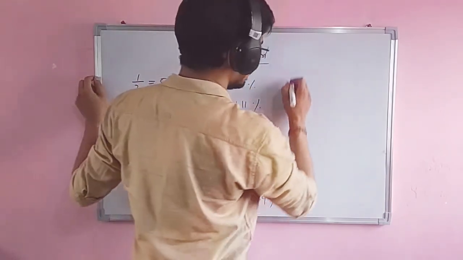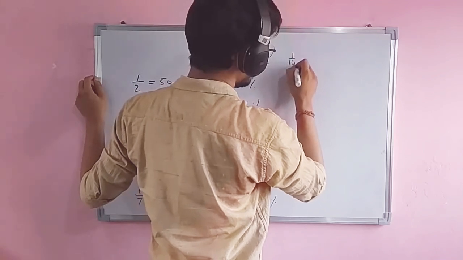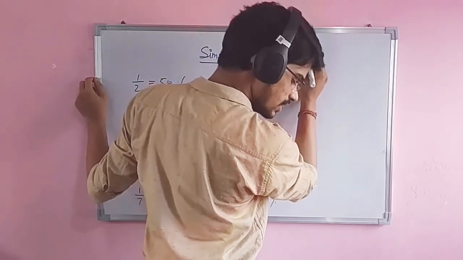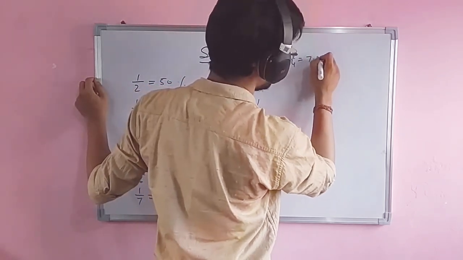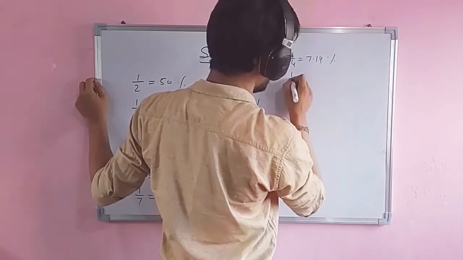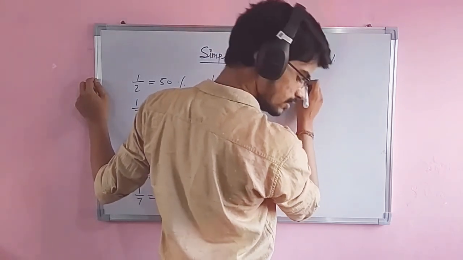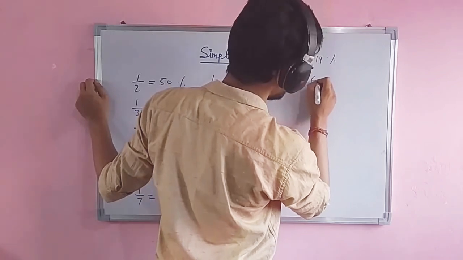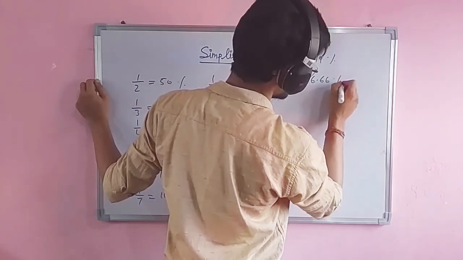Next is 1 by 14. 1 by 14 is how much? 7.14%. 1 by 15 is how much? 6.66%.